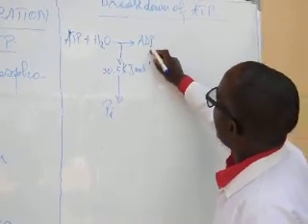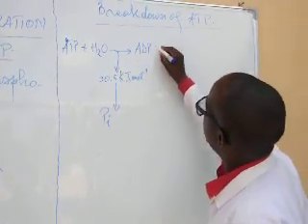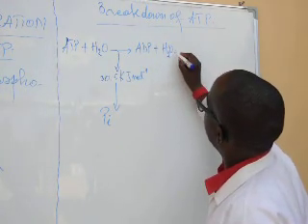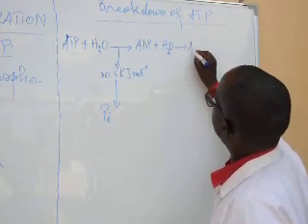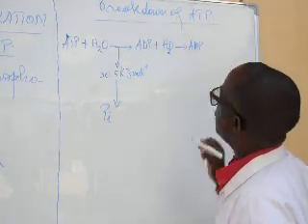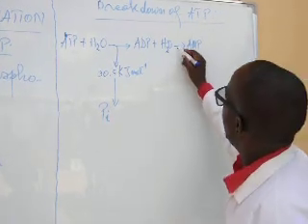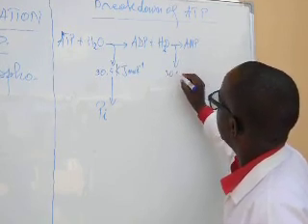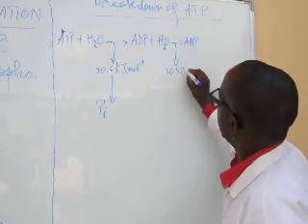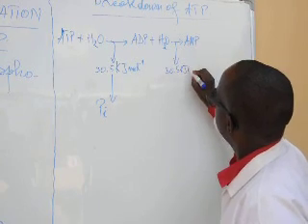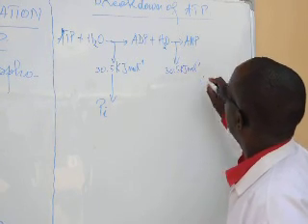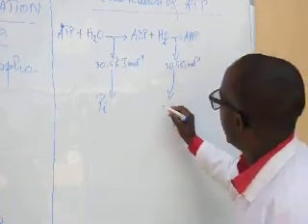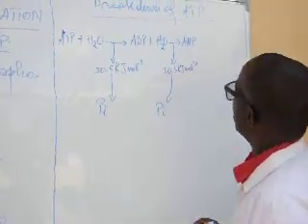From this ADP, you may also hydrolyze to get adenosine monophosphate. Here we also have production of energy, which is 35 kilojoule per mole, and a release of another inorganic phosphate.